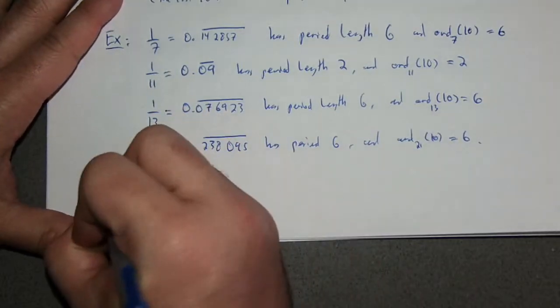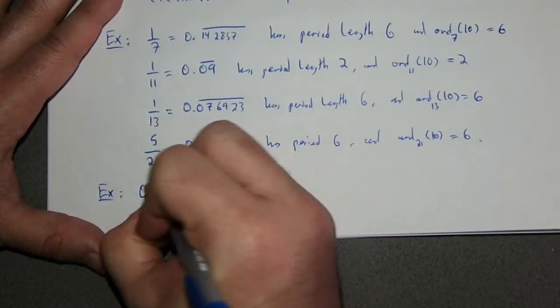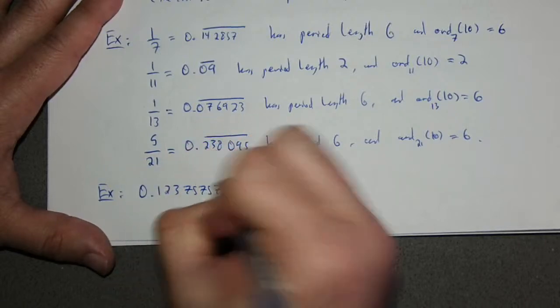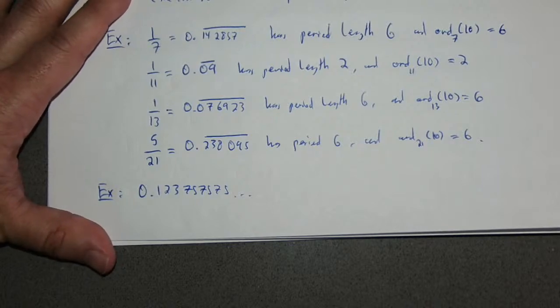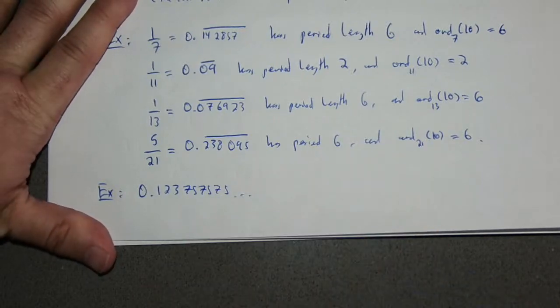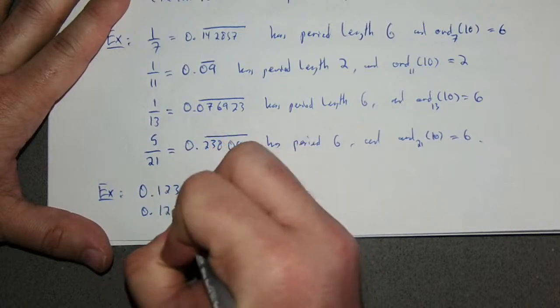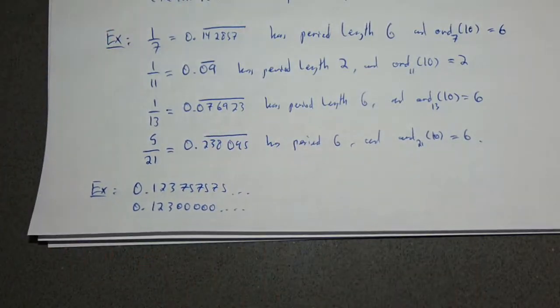So, what if we have a number like 0.123 and then it repeats? Right? Or even something like 0.123 and then it's nothing but 0 after that? It also counts.